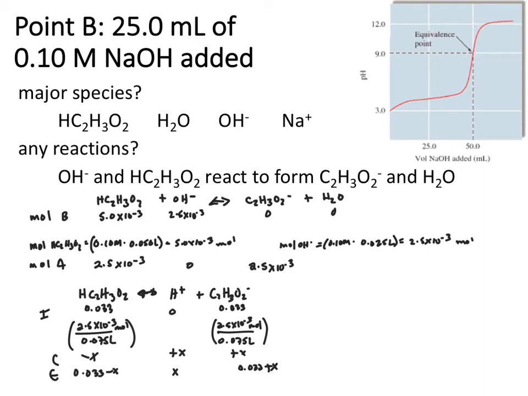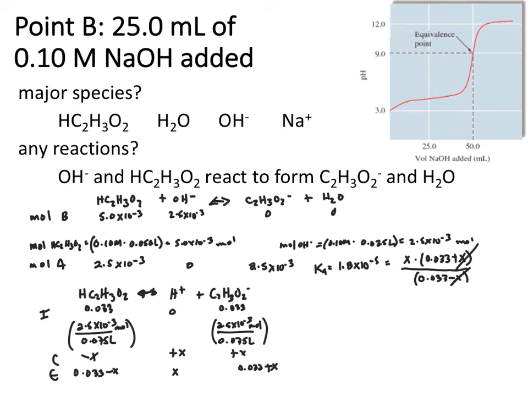Now that we have set up the rest of our ICE table, we have our equilibrium concentration values, and we plug those into our equilibrium expression for this ionization process. This is the equilibrium expression with all of our values plugged in. Remember, Ka is really small, so we assume that x is really small for both the top and bottom values.